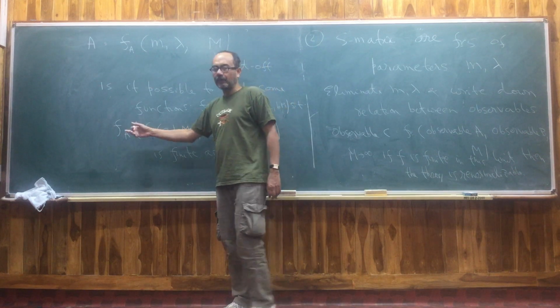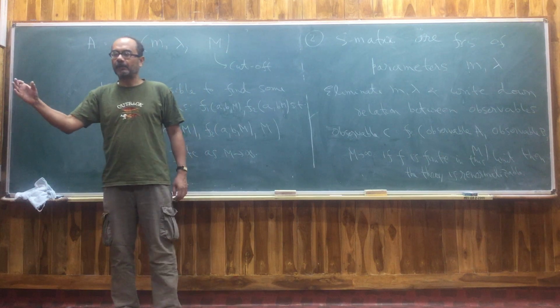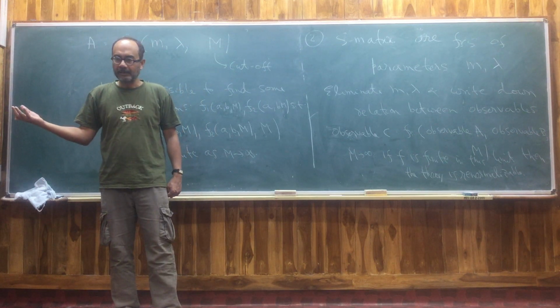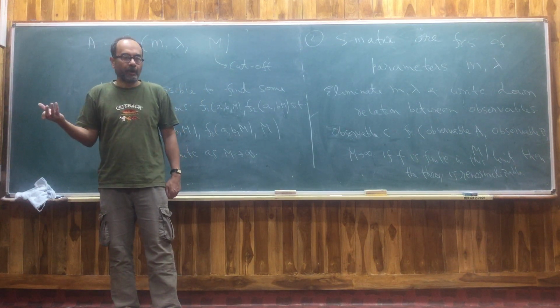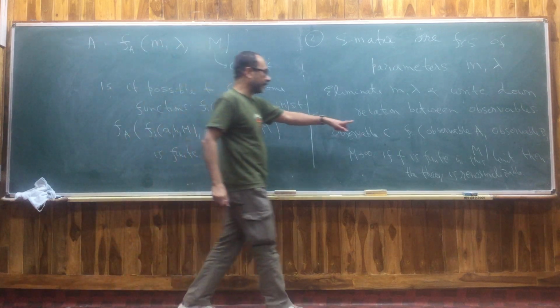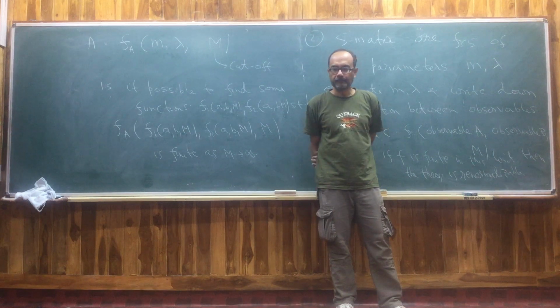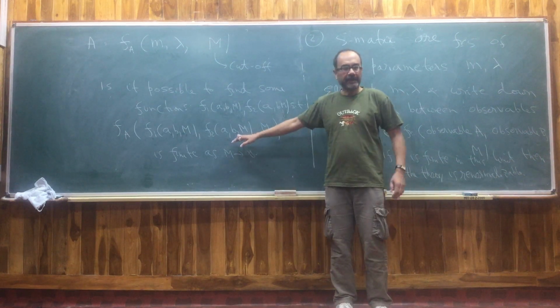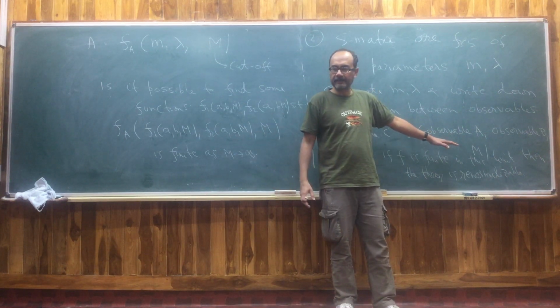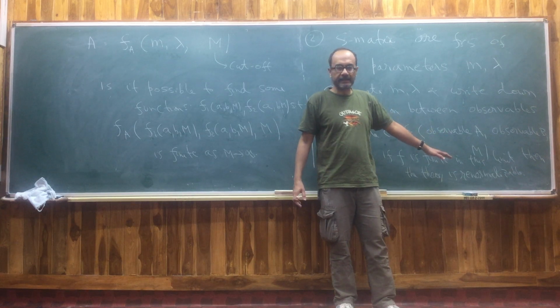Because if every observable, expressed as a function of small a and small b, is a finite function, then when we eliminate small a and small b to write a third observable in terms of the first two observables, that will also be a finite function. So if this can be done, then this is guaranteed. Is this clear?